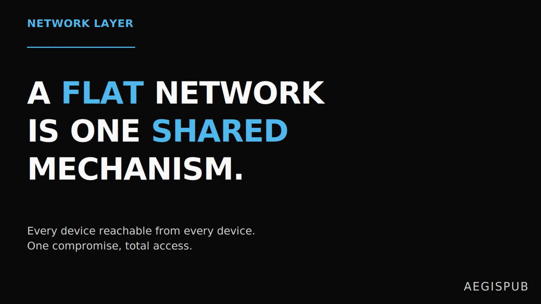Every subnet reachable from every other subnet. Every server able to initiate a connection to every other server. The network is a completely shared mechanism. An attacker who compromises any device on the network has network layer access to every other device, constrained only by whatever host-based controls are running on the individual targets.